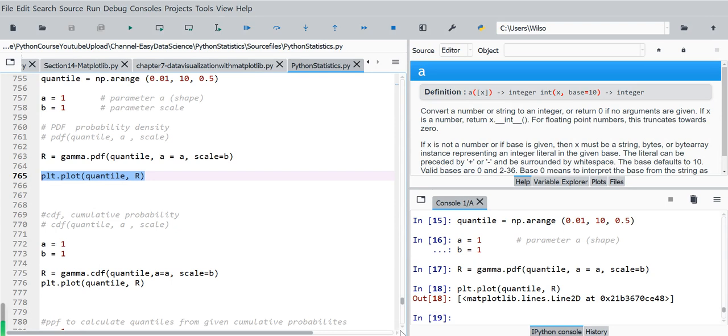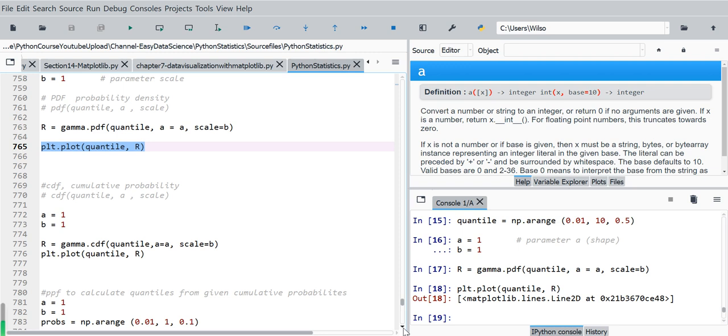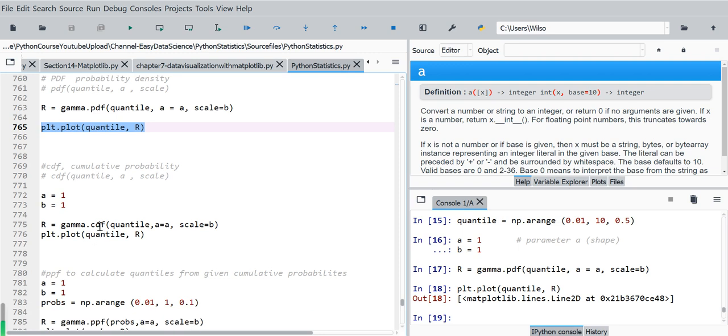So the next function, gamma.cdf, is used to calculate the cumulative probability for the random variable. So we also set a and b both equal to 1. Then use gamma.cdf with the input quantile, which represents the random variables, then a equals a for the shape parameter, scale equals b.